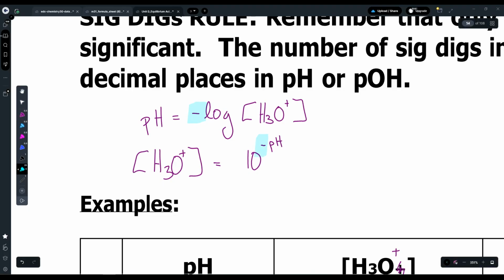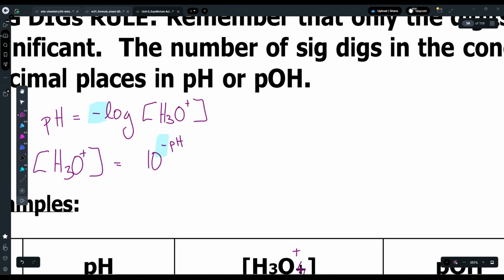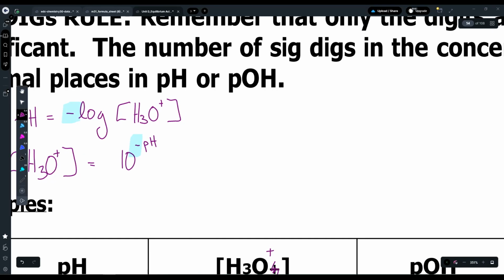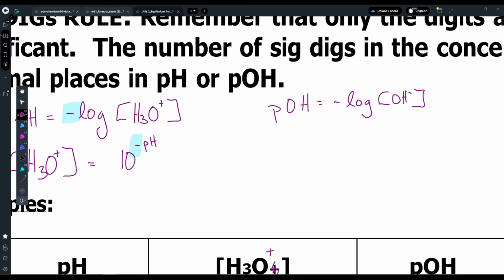And people often forget this negative here. For determining pOH, we take the negative log of the concentration of hydroxide ions. And again, most people forget about this negative. So basically, if you get a weird number for pH or pOH, most likely you've forgotten the negative.